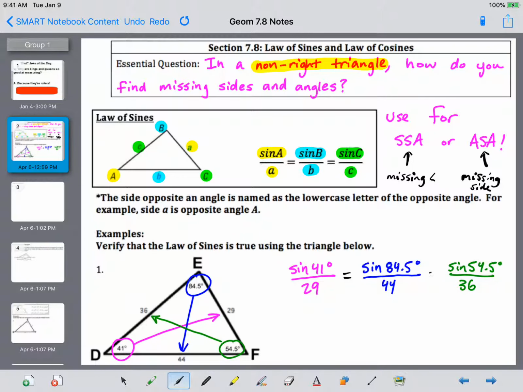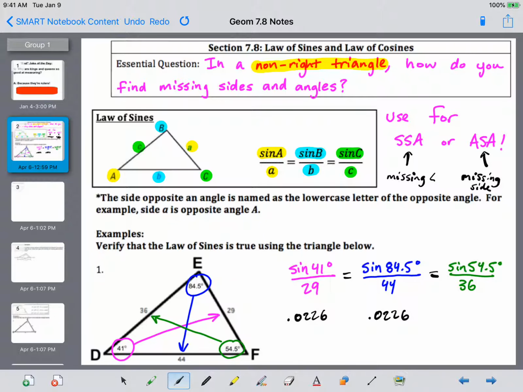All right, and it turns out these are all equal. So if you would plug in the sine of 41 degrees divided by 29, you're going to get 0.0226. If you do that same thing with sine of 84.5 divided by 44, you get 0.0226.